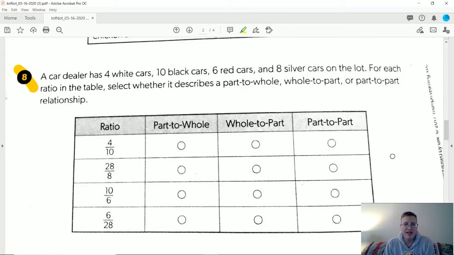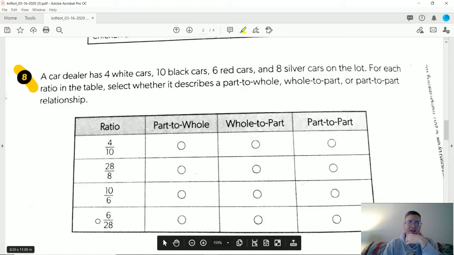Number 8, a car dealer has 4 white cars, 10 black cars, 6 red cars, and 8 silver cars. So we are going to be talking about part compared to the whole, whole compared to a part, or part compared to another part. So I currently have 10, 20, 28 cars. So if I see the number 28, we are going to have a whole.